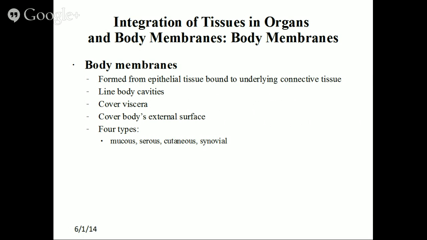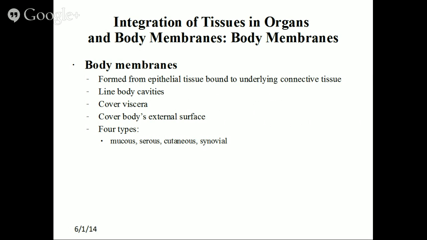If you combine epithelial tissue and connective tissue, you really need to think about the functions of those two tissues and what you're combining. Remember, epithelial tissue is to line and cover and protect something. Connective tissue is usually to connect something. A lot of times it's used to connect epithelial tissue to other tissues. So keep that in mind when you're looking at what membranes do.